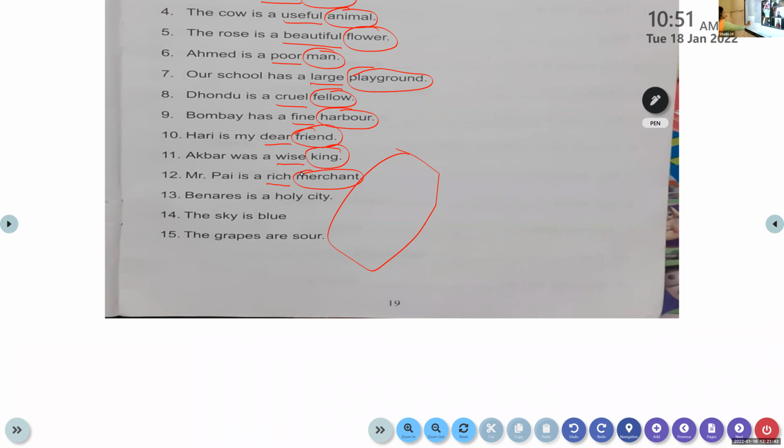Come on, identify the adjective in the sentence. Holy, yes, very good. Holy is the adjective there and it describes the noun city. It tells us about the quality of the city. It is holy. Okay, Daksha.